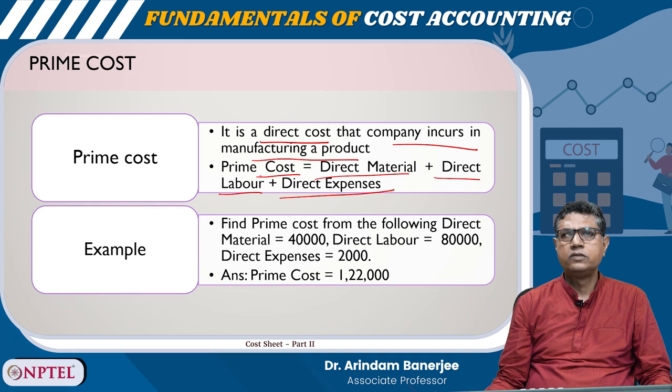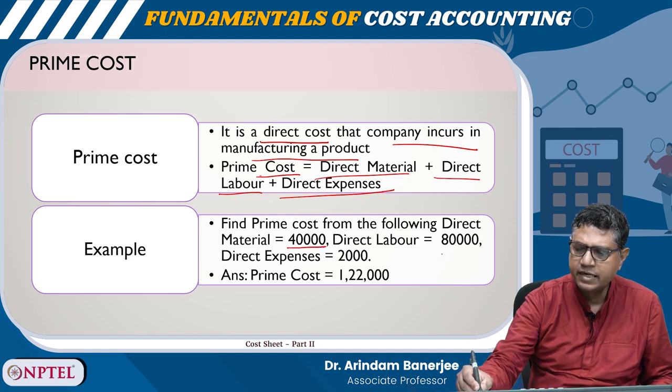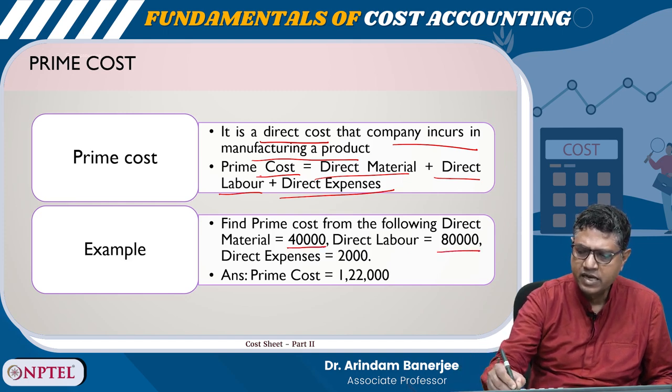Okay. Suppose I take an example: direct material is 40,000, direct labor is 80,000 and direct expense is 2,000.